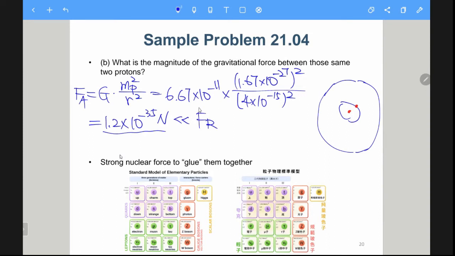So you may ask why the atom can be whole like that? Why the electrostatic force will not just destroy the whole nucleus? Why can the protons with a positive charge hold together in such a small radius, such a small distance? Because using your physics knowledge, you cannot imagine other forces that are attracting them, that are holding all the protons there.